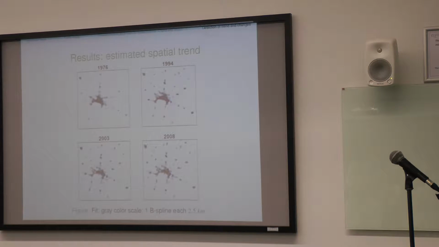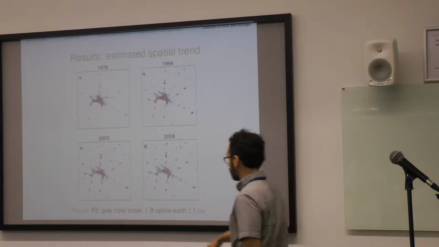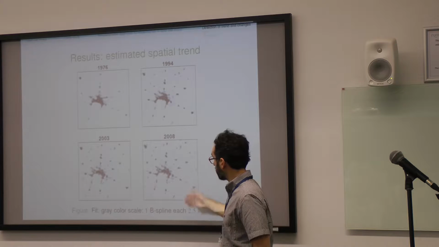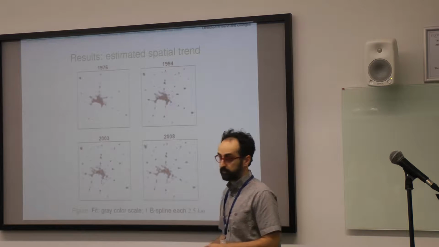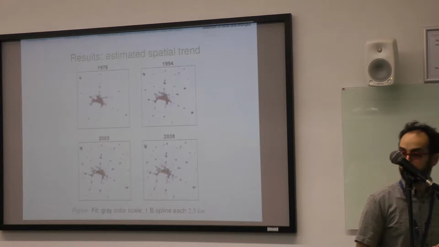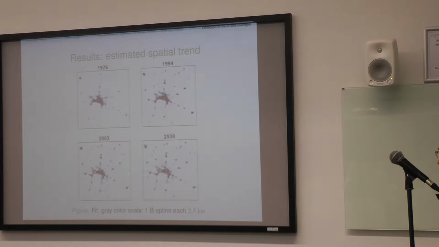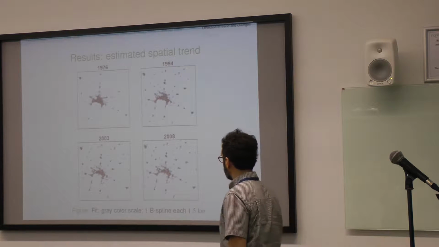If you are finer in the grid resolution for the B-spline, say one B-spline every 2 kilometers, you get, of course, a finer representation of the pattern, because there is also small-scale information that you can capture. In principle, if you use very many B-splines, you could pick up all the small changes in the data. And here is another representation with another finer grid.